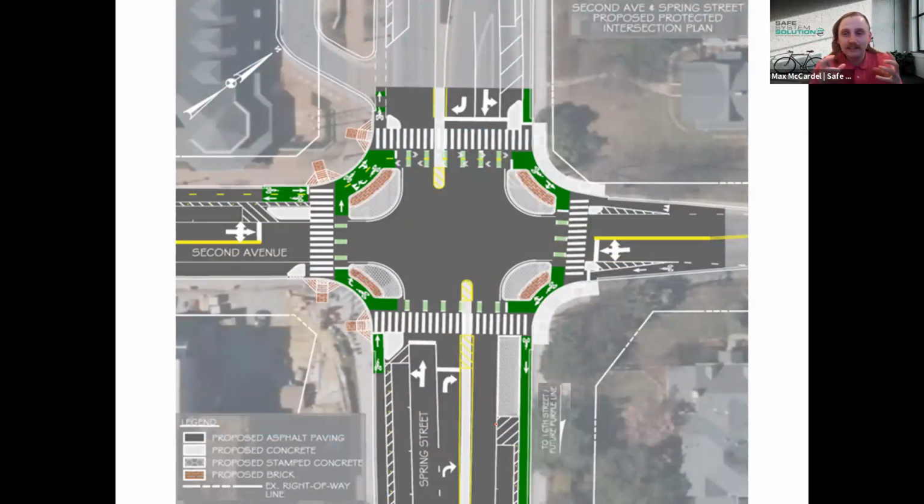You'll see in this particular diagram, in the legend down here, some different materials being proposed. At the corner refuge island, there's a proposed brick, and there's also a proposed kind of concrete. So there's two different materials being proposed there. Any suggestions why we may have two different materials there?